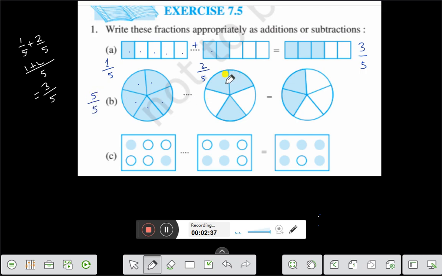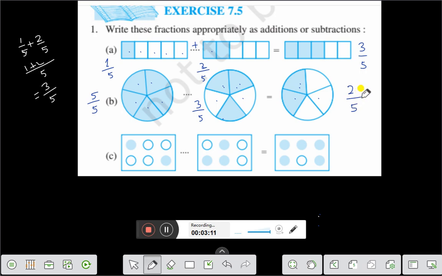And here you see 3 parts are shaded, therefore it is 3 by 5. And here 2 parts are shaded, and total parts 1, 2, 3, 4, 5, so 2 by 5.